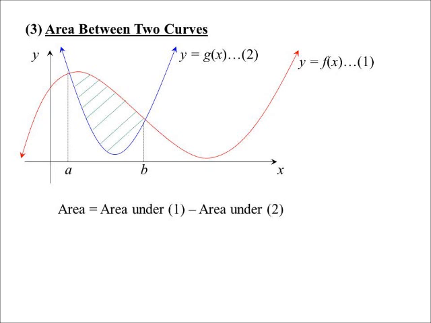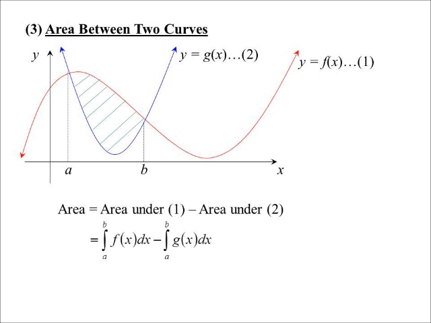Now, clearly, the area I'm looking for is the area under the red curve, take away the area under the blue curve. So I guess the biggest thing is to make sure you know which curve is on top. And so for those lazy people amongst us who hate drawing pictures, you're going to go, oh, hang on, which one's on top? That's why diagrams help, so you know exactly which one's on top.